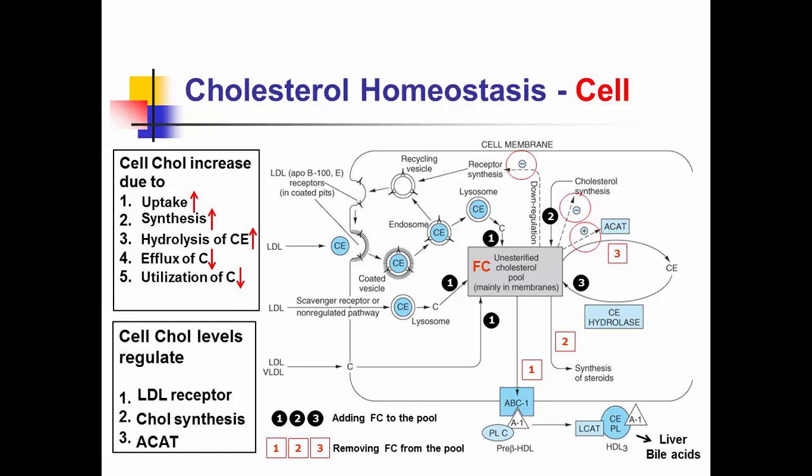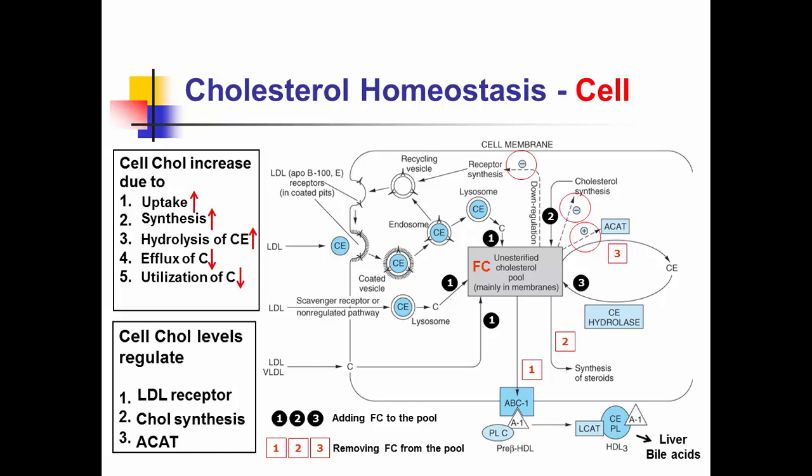So if ACAT is decreased, then free cholesterol cannot be esterified to cholesterol ester. Or if hydrolysis is increased, more cholesterol ester is hydrolyzed to free cholesterol. This also can contribute to the free cholesterol pool.